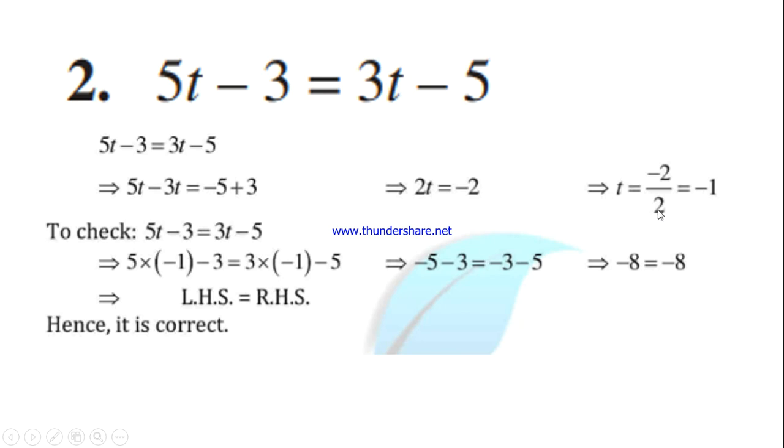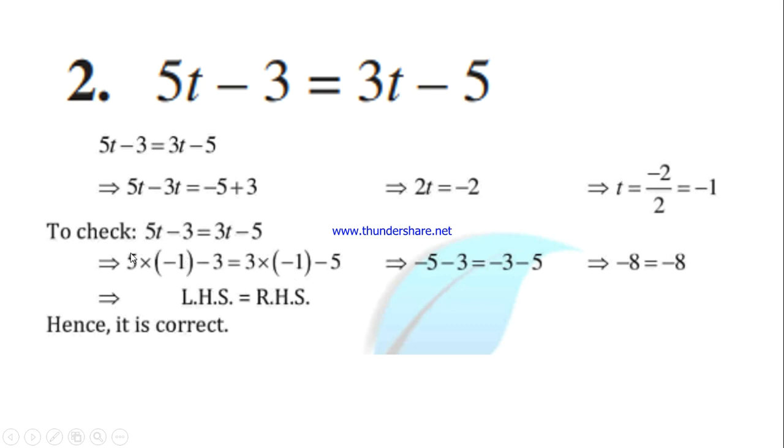So let's check, because the question is solve the equation and check. Let's take the given equation, 5t minus 3 equal to 3t minus 5. Let's substitute this t value into the given equation. 5 into minus 1, minus 3, equal to 3 into t value minus 1, minus 5.